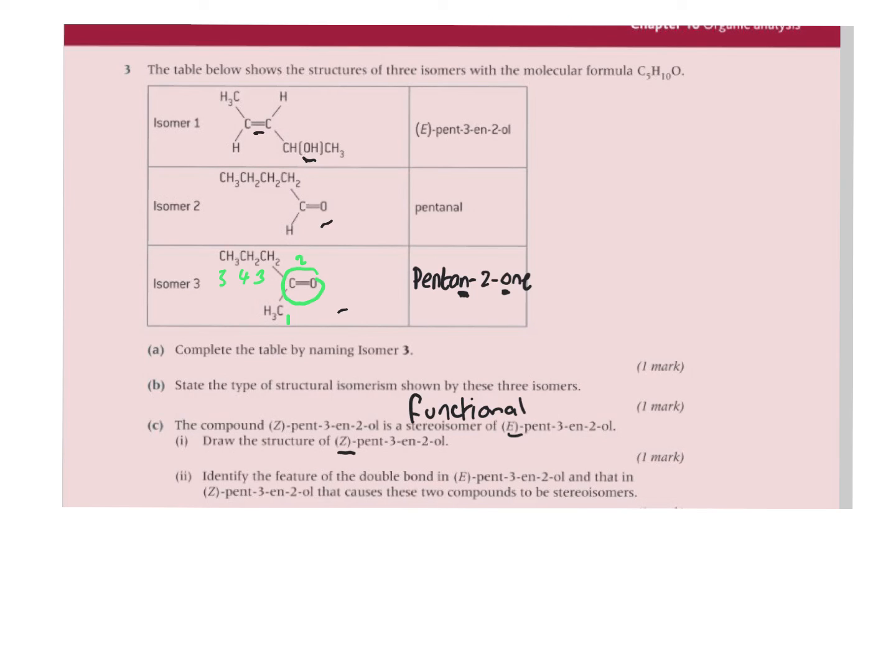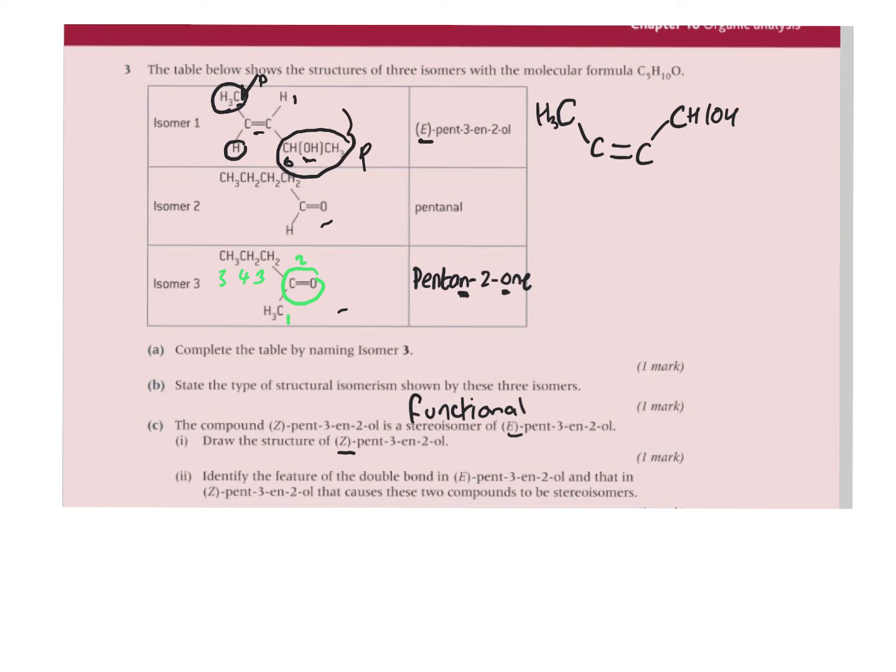Well, all you need to do is to identify your priority groups, and if we use Cahn-Ingold-Prelog, we can see here that that is the priority group because carbon has 6 protons, hydrogen has 1. We go to the other side and we can immediately identify this as the priority group because carbon has 6 protons and hydrogen has 1. So E is entgegen, opposite, so all you would need to do is to then draw the priority groups on the zusammen side to get the Z isomer.